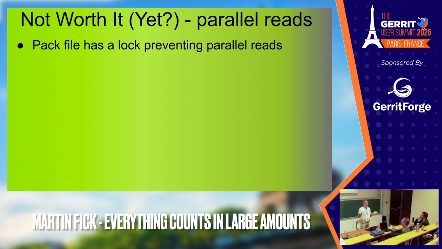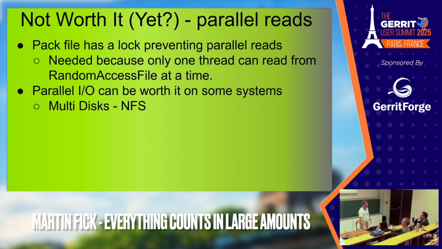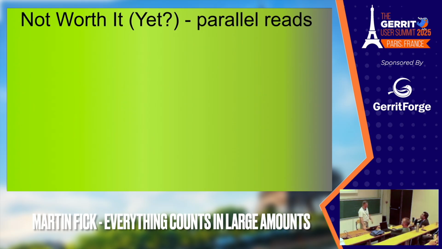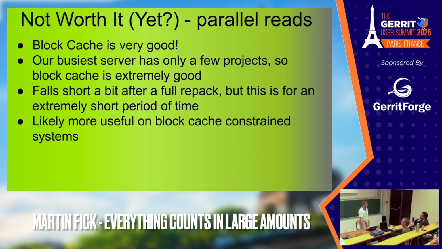I mean, these days, disks can do parallel reads fairly well, especially with NFS, or you might have a ton of disks behind it. So I introduced that, but I didn't see any performance gains. You can try it if you want. Maybe it should be merged anyway, but I found my block cache is basically too good for it to be useful for me.